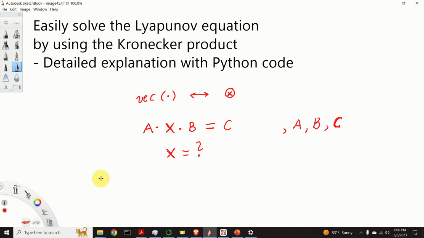It can be mathematically shown that vec of the left-hand side, that is the vec of A times x times B, is equal to B transpose Kronecker A times vec x.